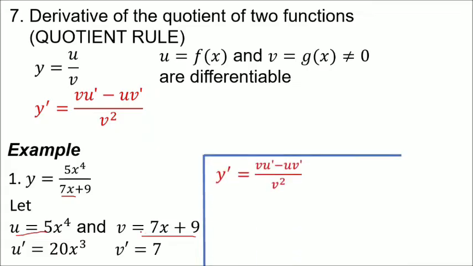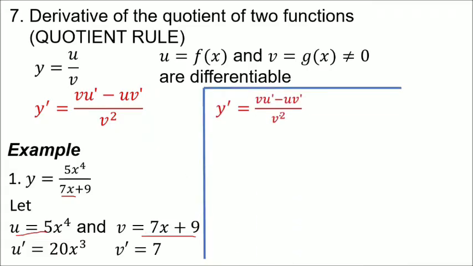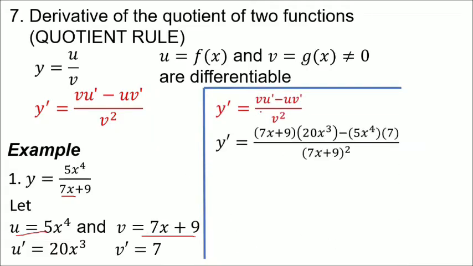And then, substituting that into the formula, we can have y prime equals v, that's 7x plus 9. Ayan, nandito. Times u prime, o 20x cubed, andito, u prime, minus u, which is 5x to the 4, ayan, times 7, which is our v prime.